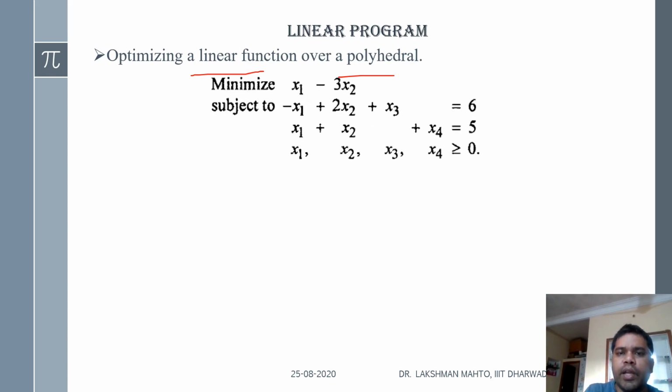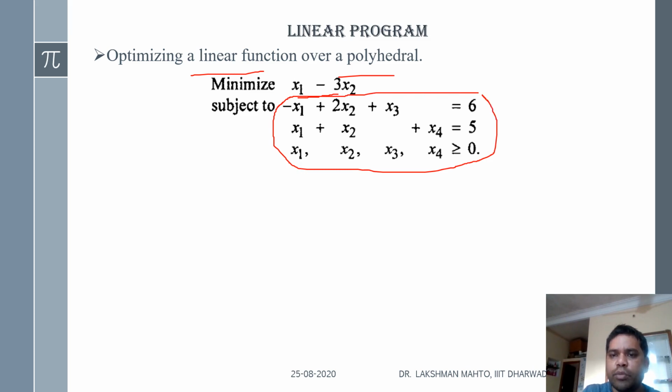We would like to define a linear program. So what is a linear program? It is all about optimizing a linear function over a polyhedron. Suppose we have a linear function satisfying these constraints. If you look at the geometrical interpretation of these constraints, it gives a bounded polyhedron, that is, a polytope structure.